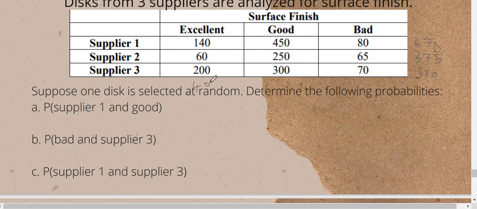How about the good one? It will be 1000. How about the bad one? It will be 215. Alright, class, so we have totaled each of them.